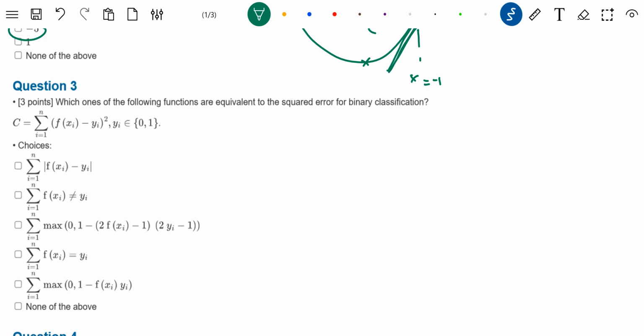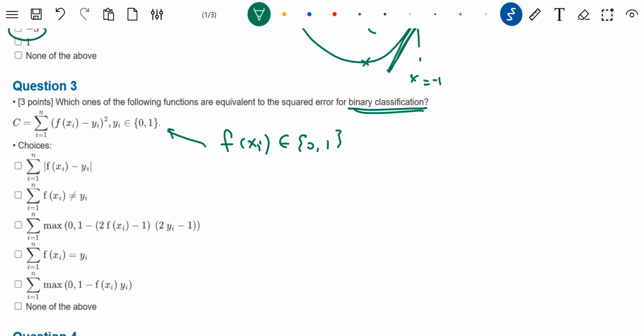So the next question, we actually did this during the lecture. So all you need to do is assume we are doing a binary classification, and assume we have f(xi) is either 0 or 1. I think the question is actually not that clearly stated, but I should probably add this.